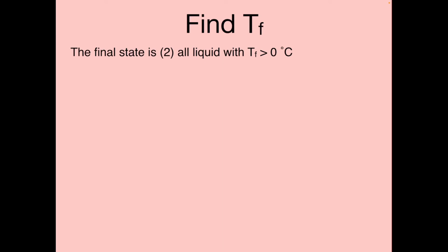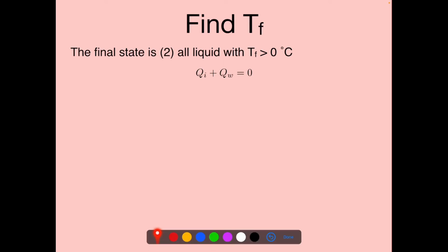So now what we're going to do is find the final temperature. Since we know the final state is everything is liquid water, let's find the final temperature. What we'll use here is the heat that's gained by the ice plus the heat that is lost by the water equals 0, because, again, we're assuming the ice and the water are perfectly isolated from the environment.